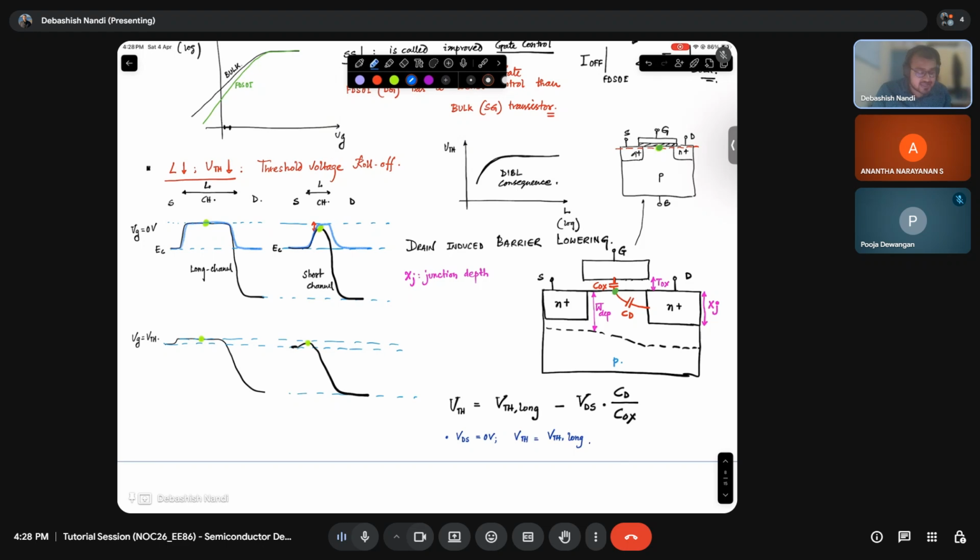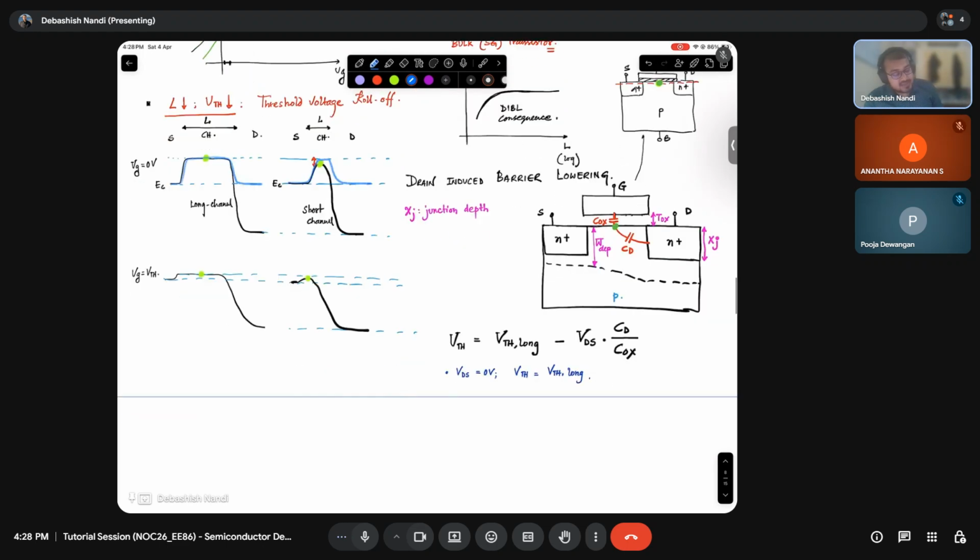The next thing is this is some capacitance between the midpoint of the channel and the drain, right?